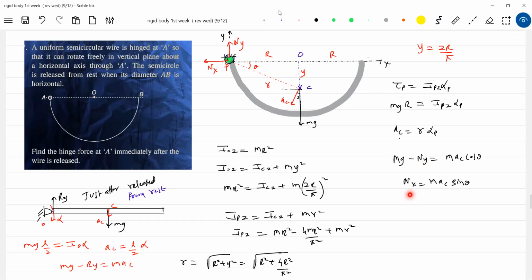Okay, now Nx and Ny, solve for it. The total reaction will be, solve all the equations. I'll just give the end answer.